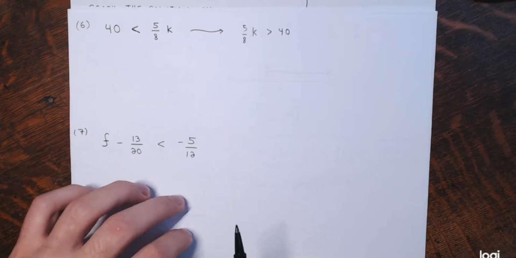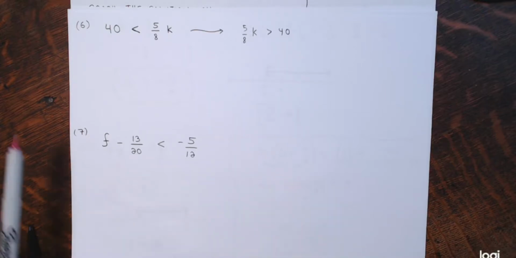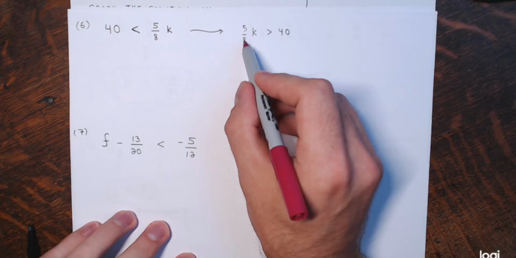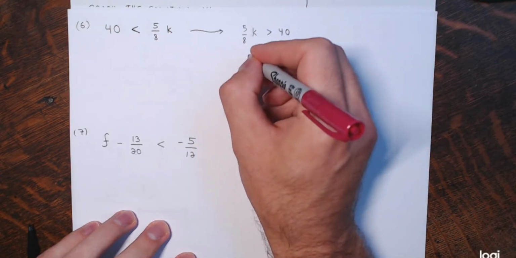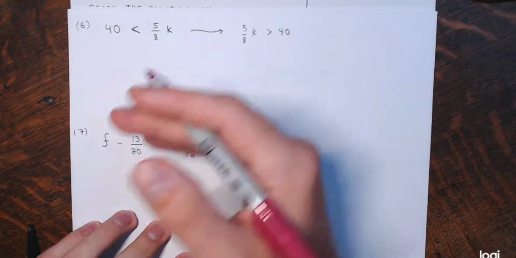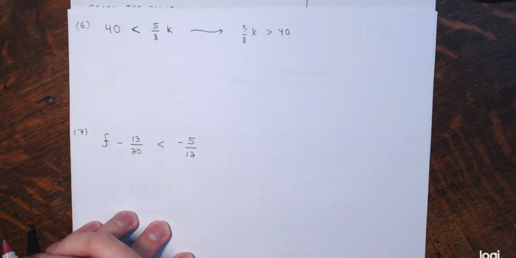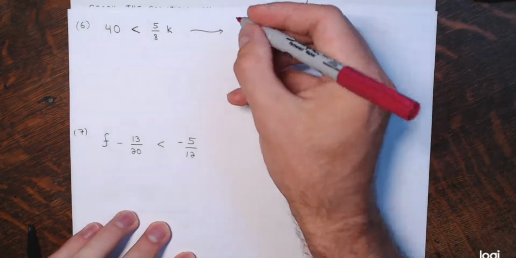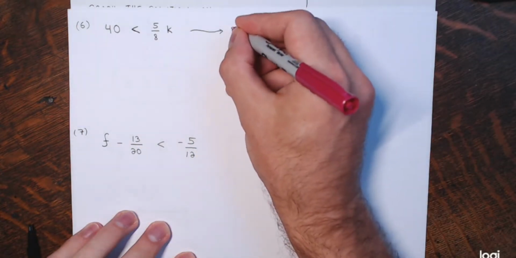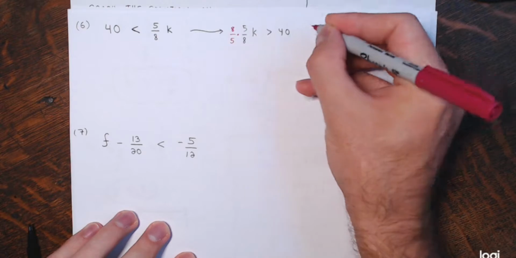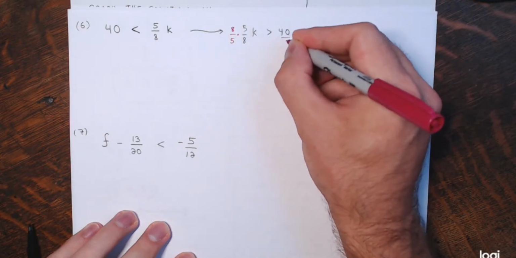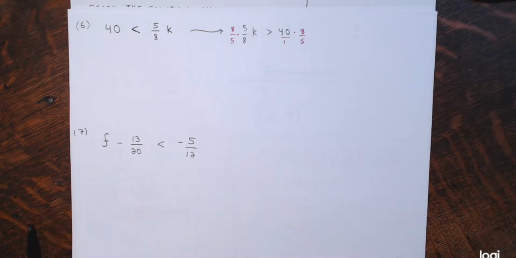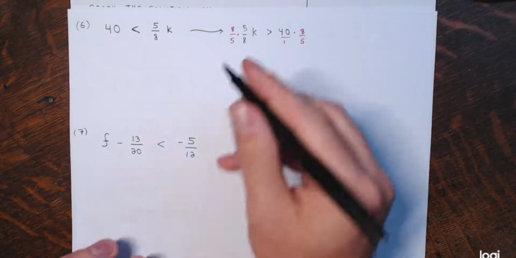All right, and now, again, simple, get rid of the 5/8, that's multiplication. So I would divide by 5/8, but again, division by fractions is kind of ugly. So instead of dividing by 5/8, I multiply both sides by 8/5. And multiply this side by 8/5 as well, and you can think of 40 as 40 over 1. So now the left side has just a simple k, right?